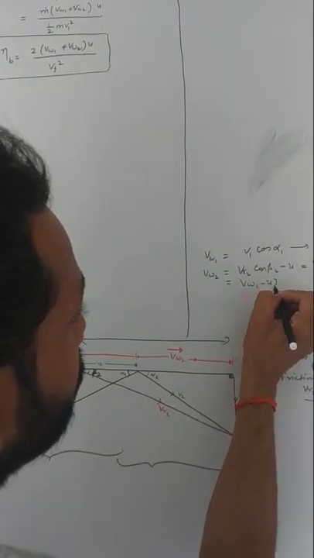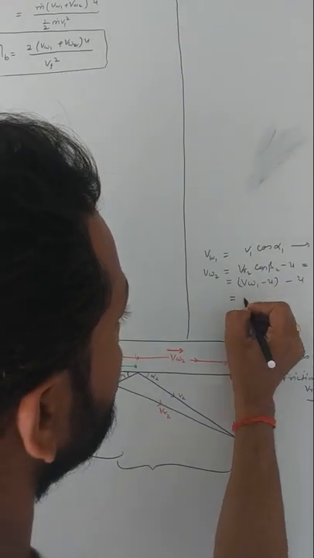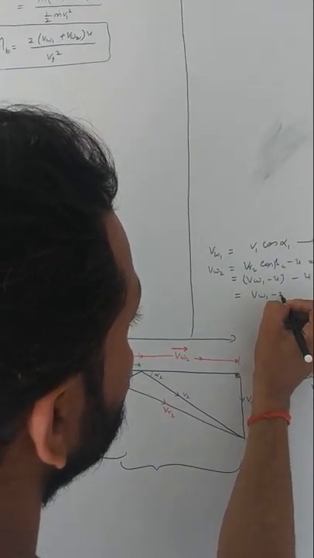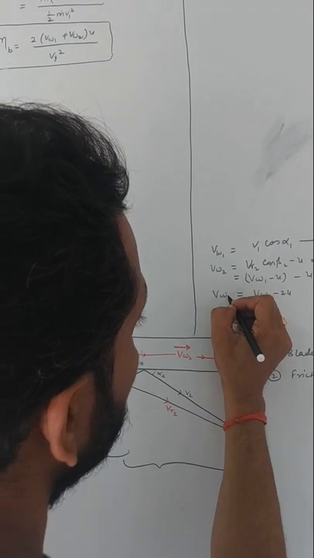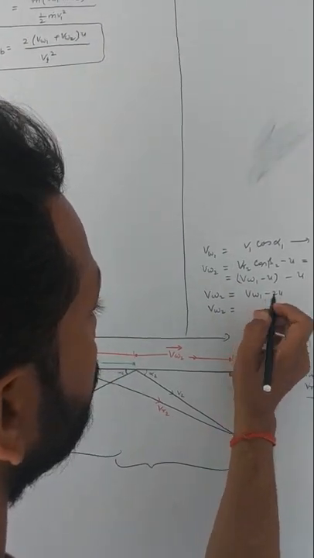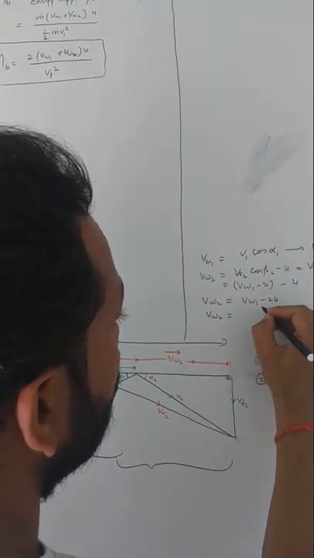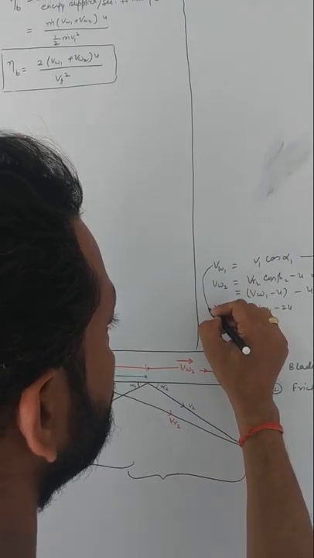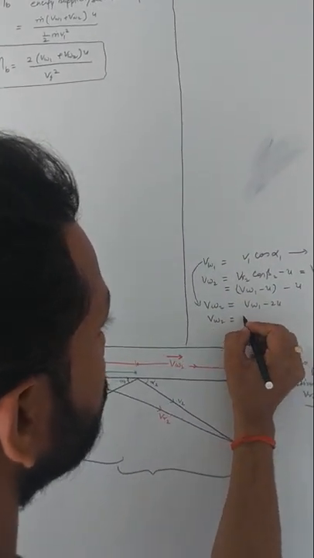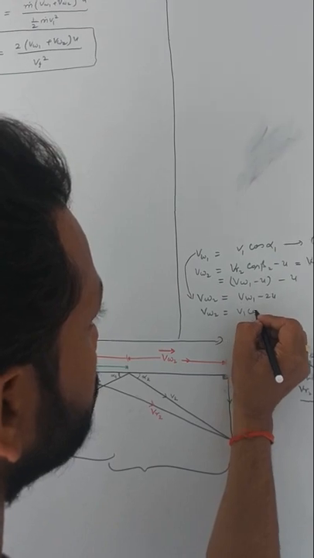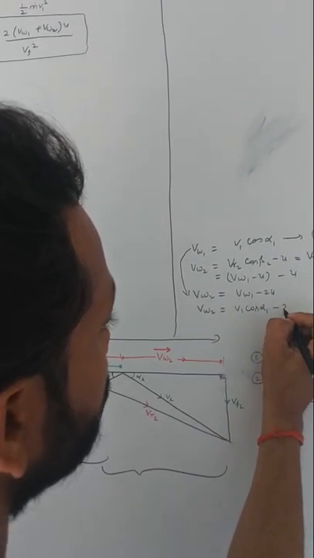Vw1 minus u is further written as Vw1 minus 2u for Vw2. Now you put the value of Vw1 in this equation and get Vw2 is equal to V1 cos alpha 1 minus 2u.